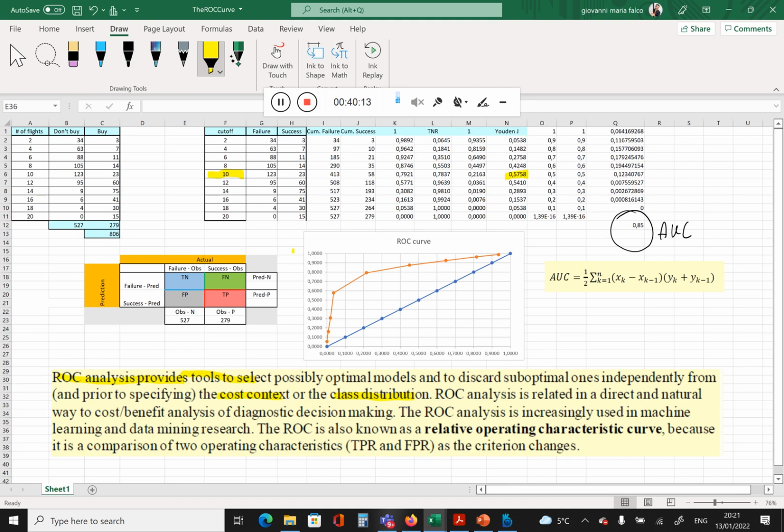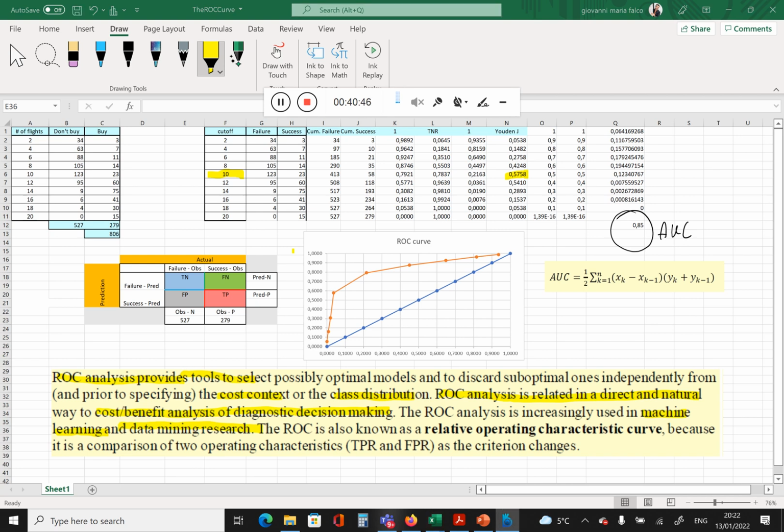For this reason, ROC analysis is really related to cost-benefit analysis and the problem of decision making. That's the reason why this method is increasingly used in machine learning. We have not done machine learning, just this is a tool that is used in the problem of binary classification, which occurs in machine learning and data mining research.